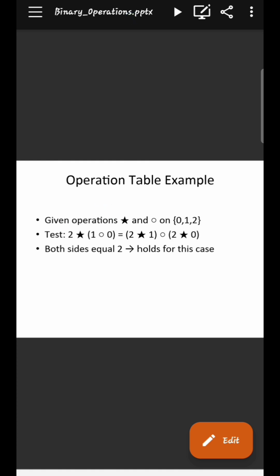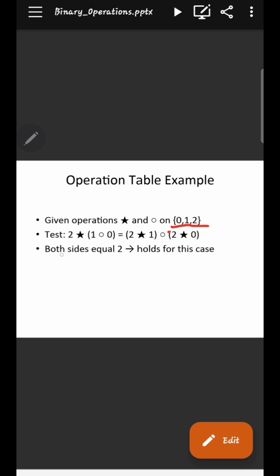We have been given a set that contains 3 elements. What are the elements of the set? 0, 1, 2. So we want to test whether this operation is distributive over that operation.